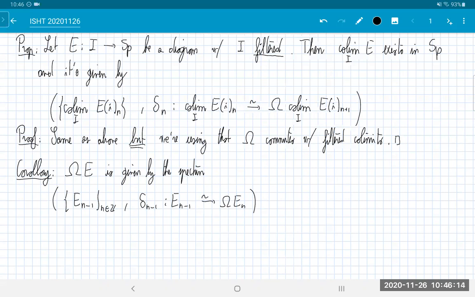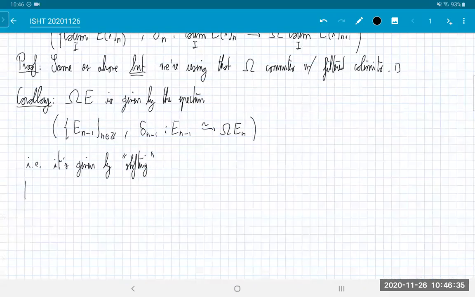So they're given by what's called shifting, i.e., it's given by shifting. And that's just because we said that loops are computed level-wise, so loops E is given by this thing.